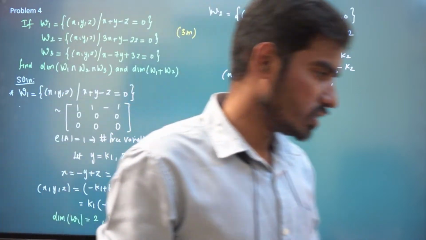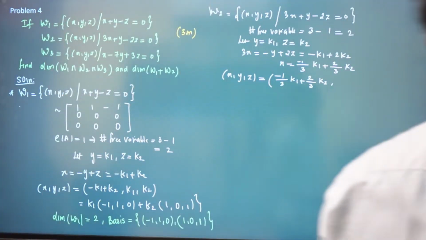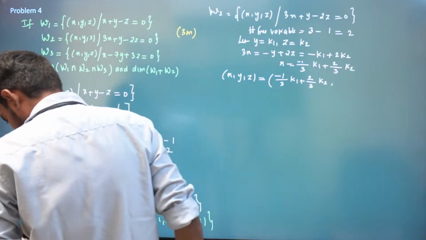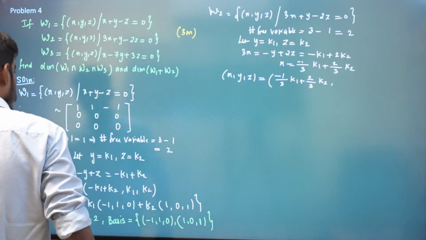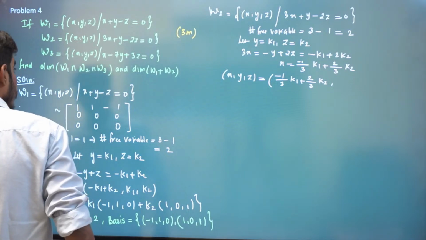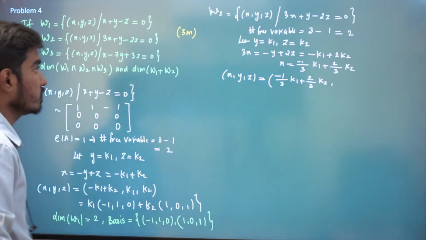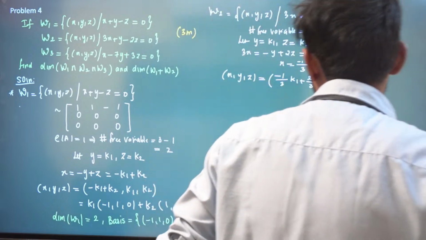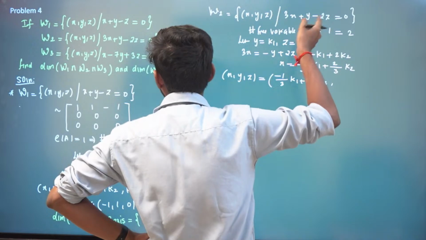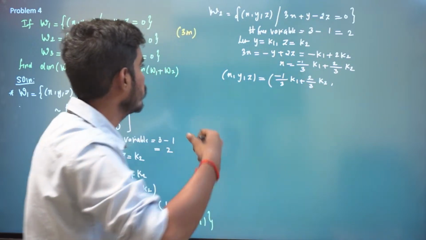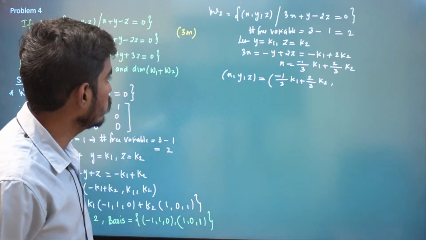I'll just check the question once again, because if the question is wrong then everything will be wrong. So x plus y minus z is 0, 3x plus y minus 2z is equal to 0, x minus 7y plus 3z is equal to 0. Yes. So we have two free variables. So y is k1, z is k2. So 3x is minus y plus 2z, so minus k1 plus 2 times k2.